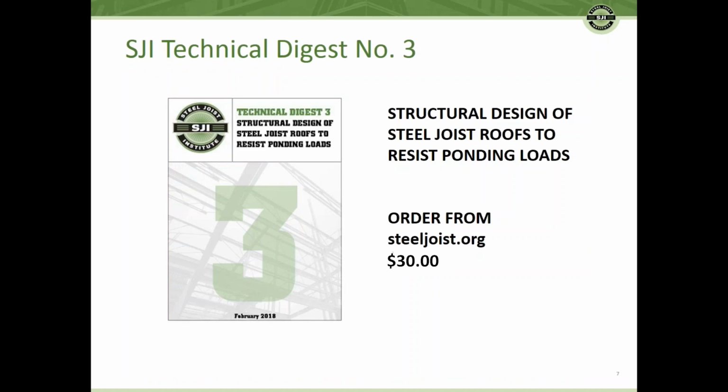I should mention that there is a brand new, a second edition of the SJI Technical Digest No. 3, which is the structural design of steel joist roofs to resist ponding loads. You can see the date on there is February 2018. You can order the hard copy of this document, I believe it's about 90 pages, from the Steel Joist Institute, steeljoist.org, for $25.